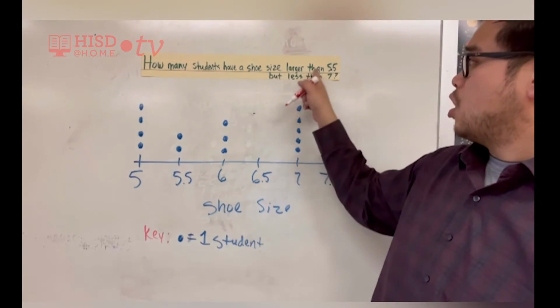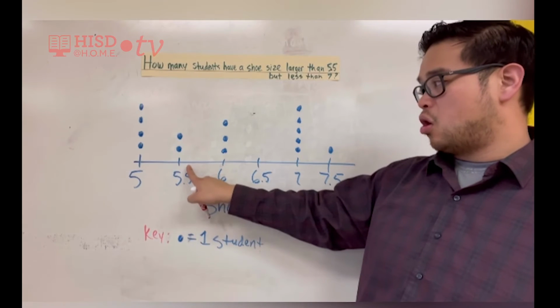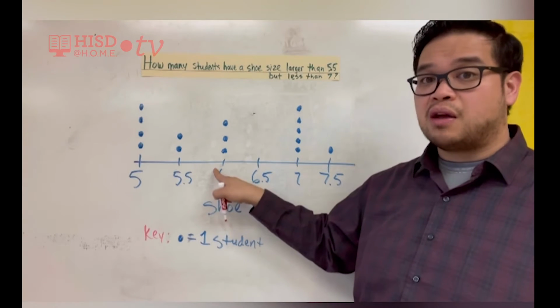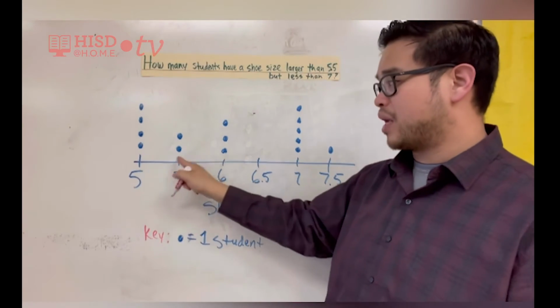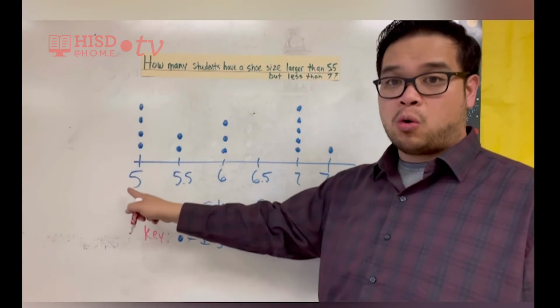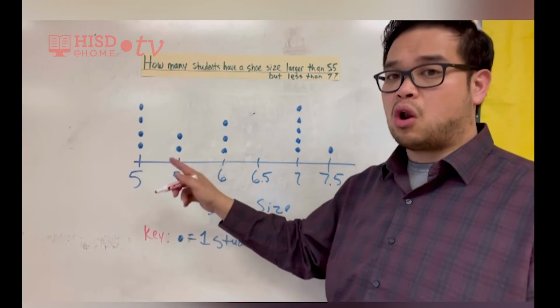So I know I'm going to look larger than 5.5. It doesn't say 5.5 and larger, it just says larger than 5.5. So I'm not going to count 5.5 or 5 because we're not looking for anything that's 5.5 or lower. We're looking for larger than.